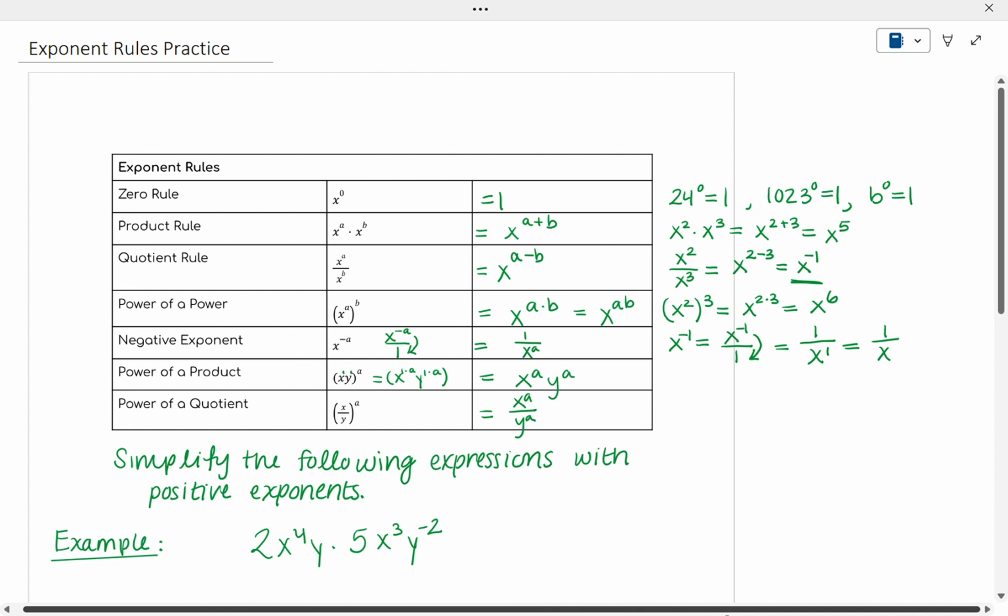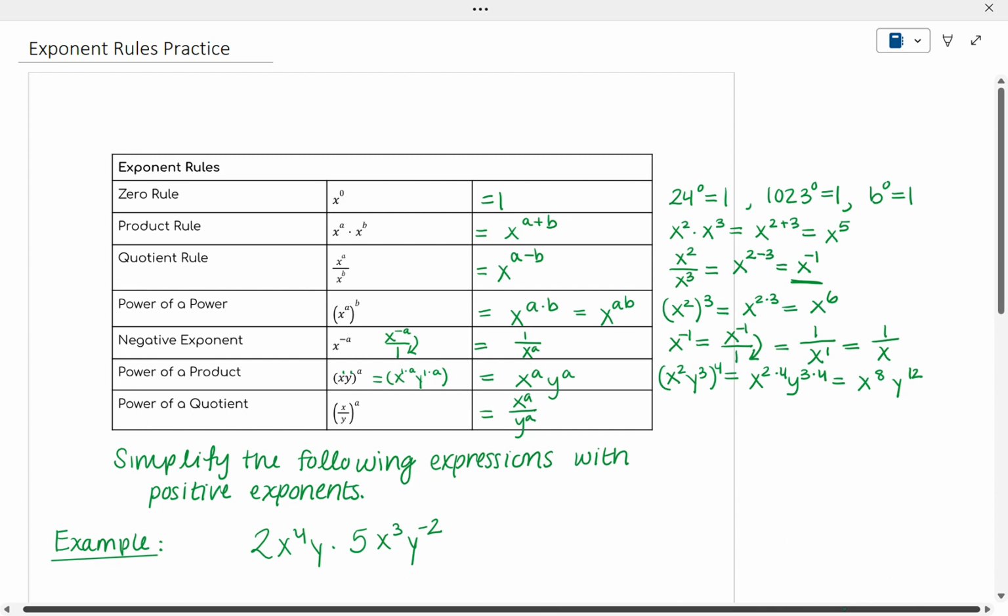Looking at two examples of power of a product and power of a quotient, so x squared y cubed to the fourth power, this is equal to x to the 2 times 4, y to the 3 times 4, so this becomes x to the 8th, y to the 12th.